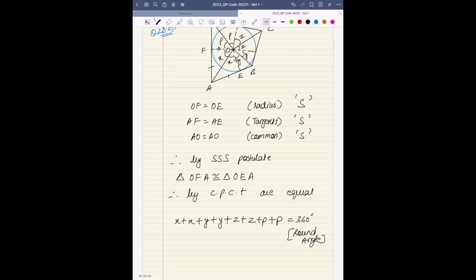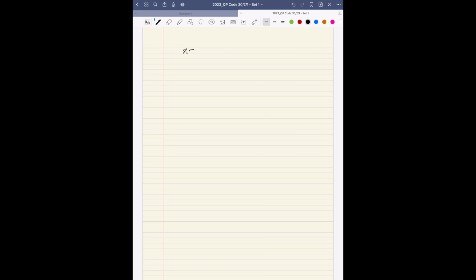Now let's call it 2x plus 2y plus 2z plus 2p is equal to 360 degrees. Adding the like terms, then taking 2 common, we get x plus y plus z plus p is equal to 180 degrees. So we have almost done.